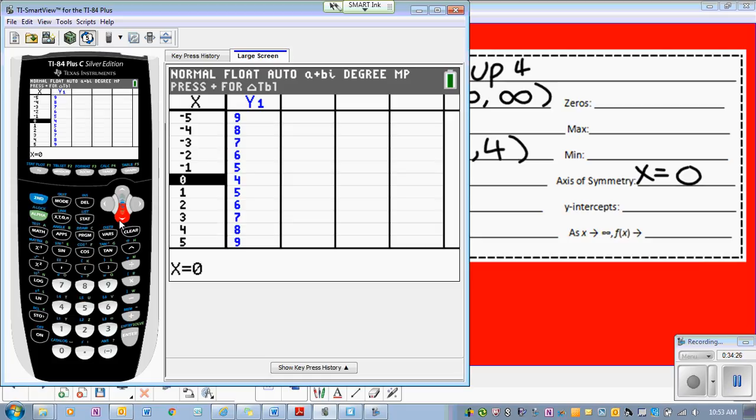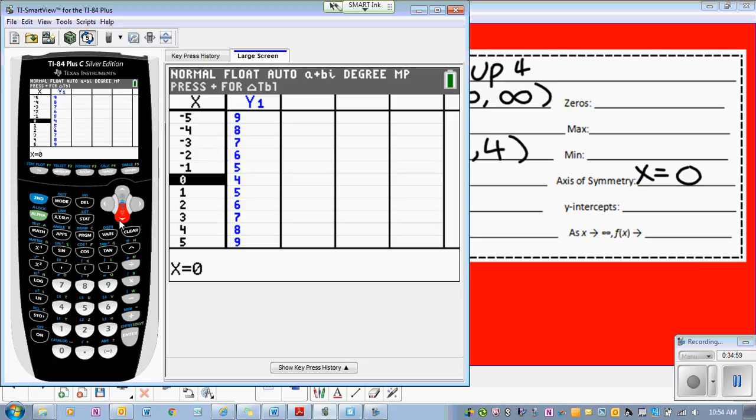If you can't really tell where your vertex is on your graph, you can certainly find it on your table. Because look at this. Guys, what happens to the y numbers? Aren't they the same on both sides? So the one in the middle, that's your vertex. So 0, 4, and then it goes 5 on both sides, 6 on both sides, 7 on both sides, right? Because it's symmetrical. Does that make sense?